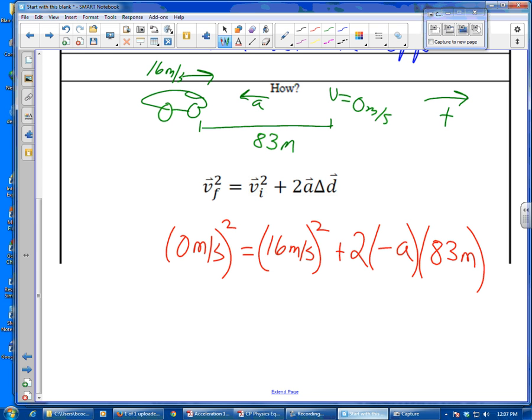I end up at this speed because I started at this speed, and it changed because I accelerated through a distance. So if I understand that that's what that equation is showing me, that speed changes because you accelerate through a distance, then looking at this one, I say, oh, the speed changed because they accelerated through a distance, I can pick that equation.